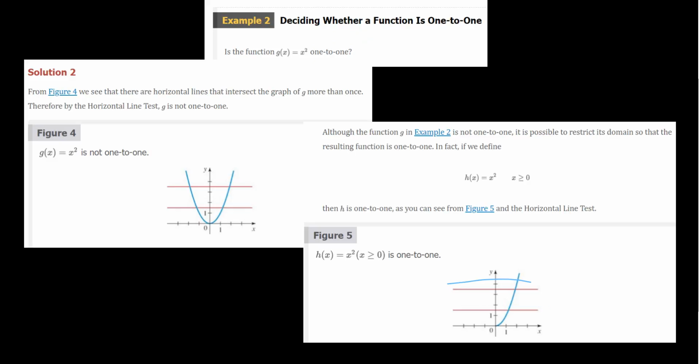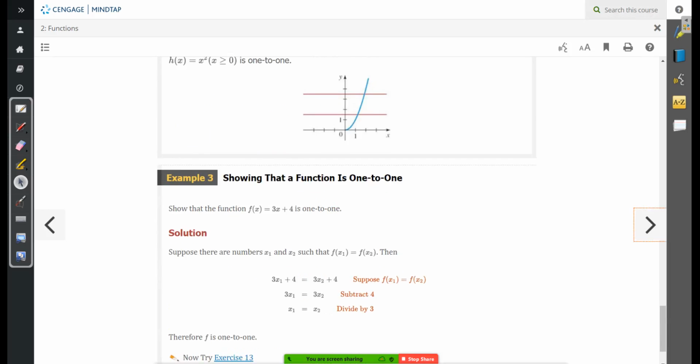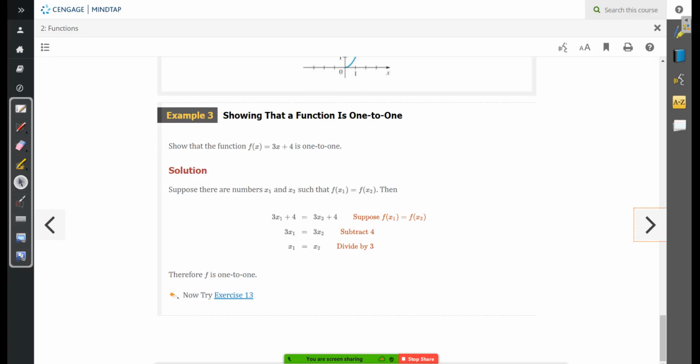So we can manipulate graphs by restricting domains, and we'll see a lot of that later on. Not today, though, I don't think. Okay, and example 3, we know 3x plus 4 is a linear equation.